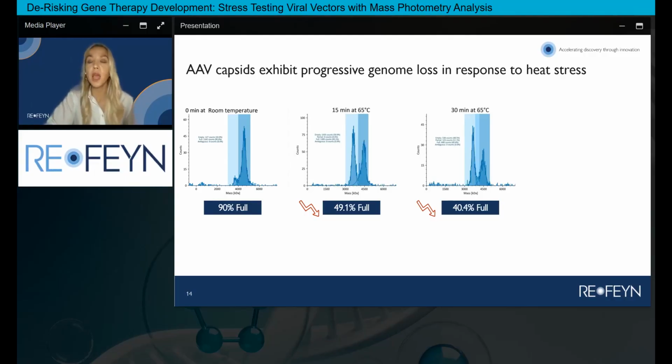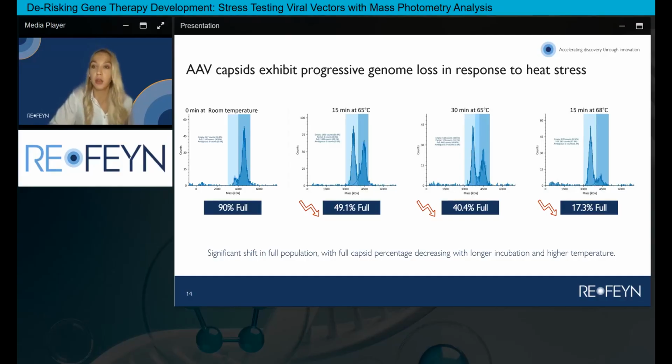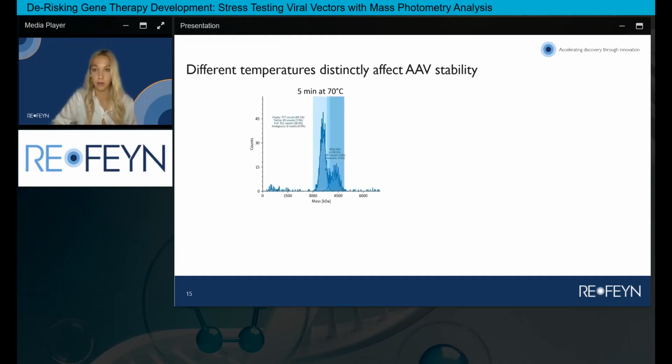Or if we then further increase the temperature to 68 degrees for the same amount of time, 15 minutes, we see a further decrease in the full AAV population to 17.3%. So we see a significant shift of those populations, which is our first indication of payload leakage. So what happens if we keep increasing the temperature and slowly start getting closer to the melting point of AAV8?